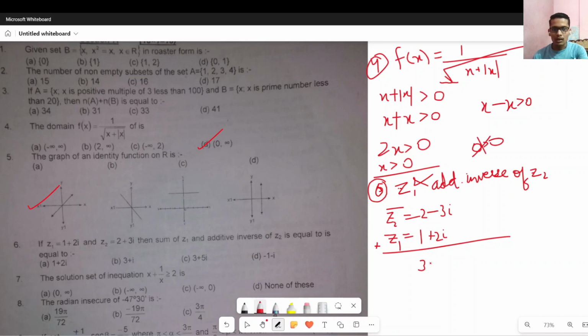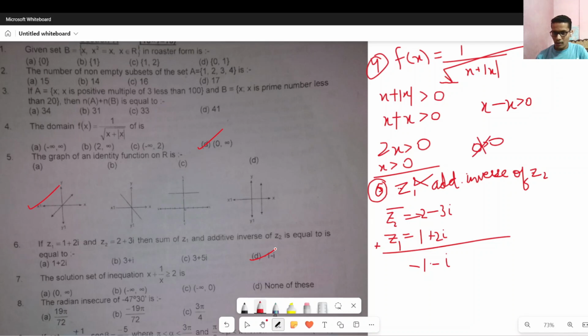So let's take the additive inverse as minus 2. It will be minus 1 and minus iota, which is in the D option. So our D option will be correct. Minus 1 minus iota, D option is correct.